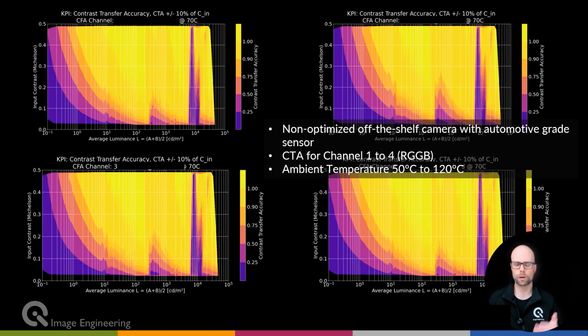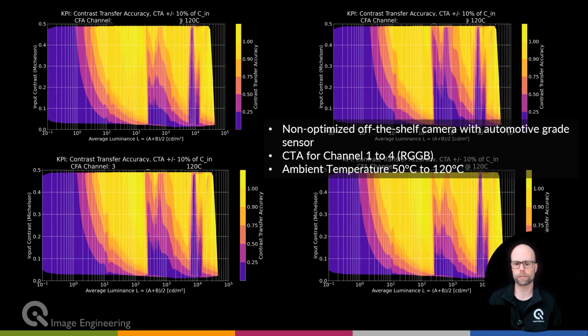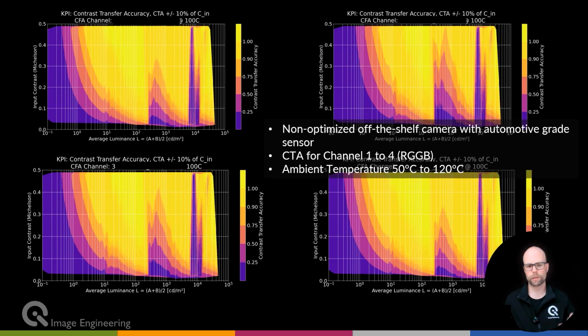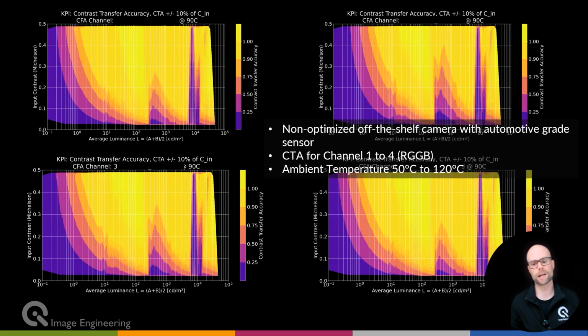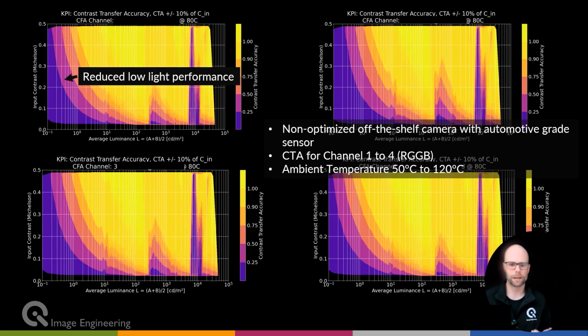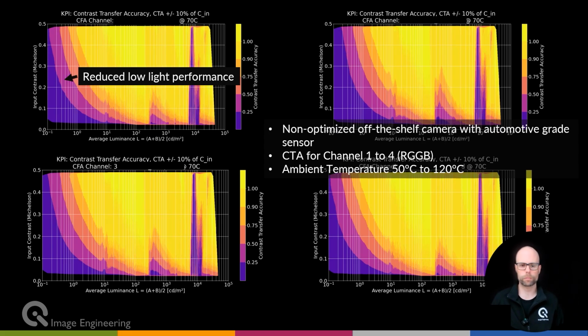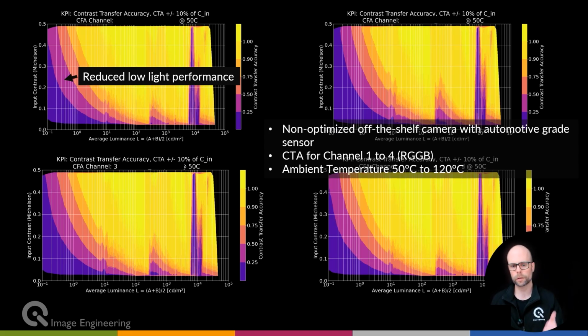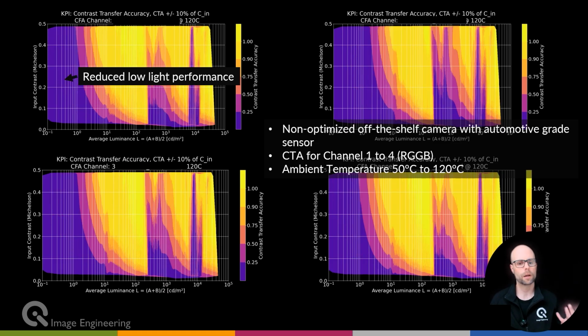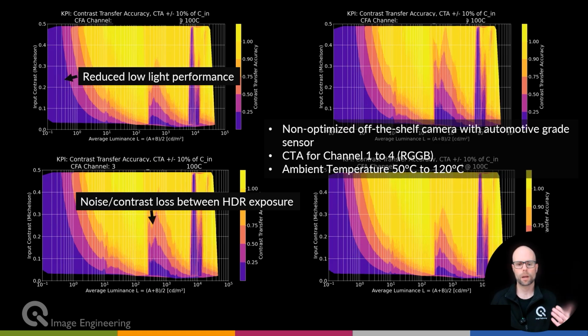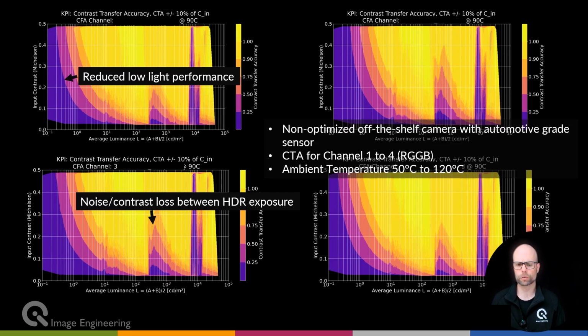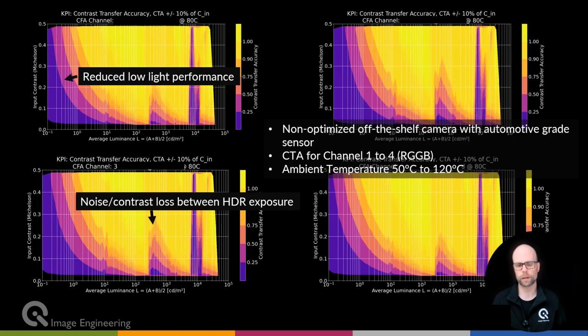We measure here the CTA for channel 1 to 4. In this case, it's an RGB camera over the range of 50 degrees Celsius to 120 degrees Celsius. And what we see over temperature is a reduced low light performance. The more we heat up the camera, the more we reduce the low light performance. We get noise or contrast loss between the HDR exposures, which gets quite significant the higher the temperature.